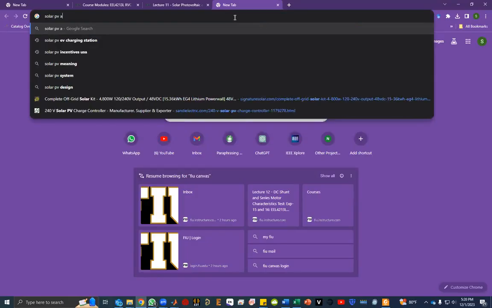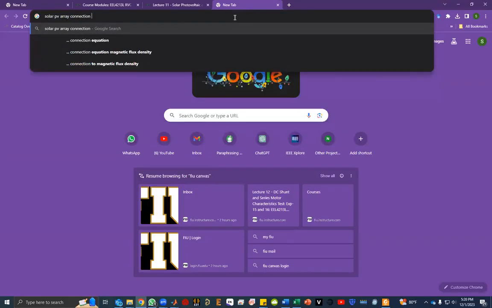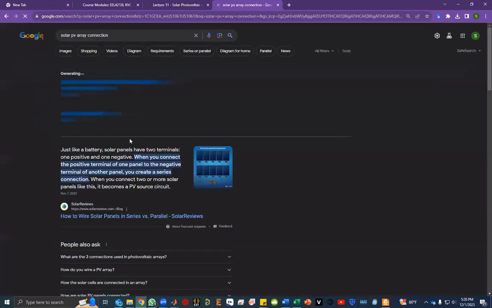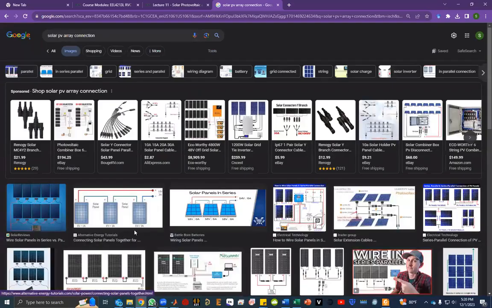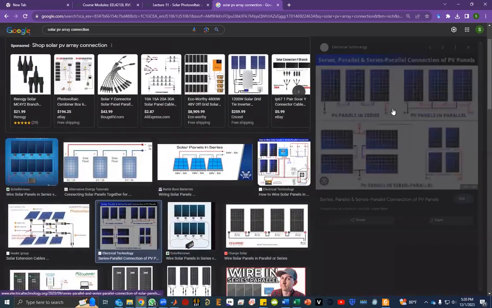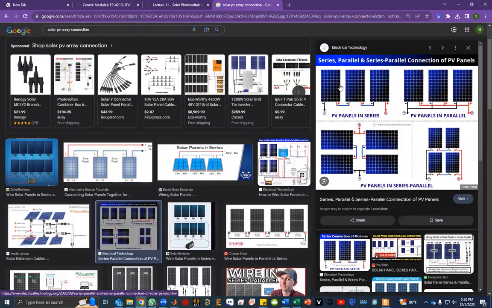Solar PV array. Say for example, this is one module and this is another and this is another. They are connected in series. And this is a parallel connection.